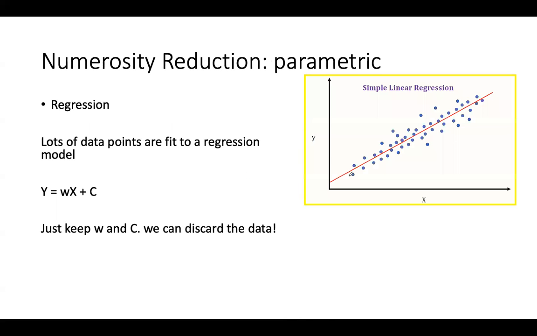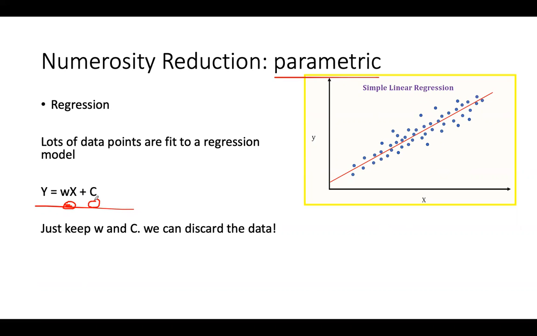So again, here we look at parametric. When we say parametric, we're talking about the parameters. So here is a linear regression. Given some data points, maybe 100 data points, we can fit a line that best describes our data set just by fitting maybe two parameters here, W and C. And probably this would just be enough.